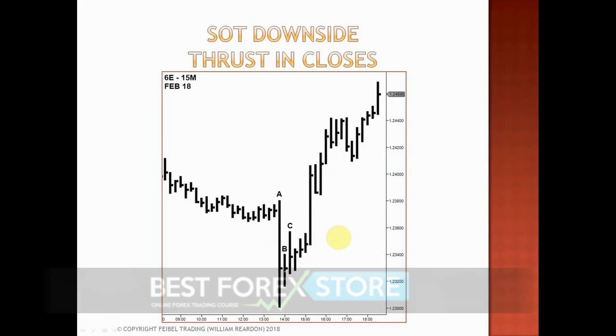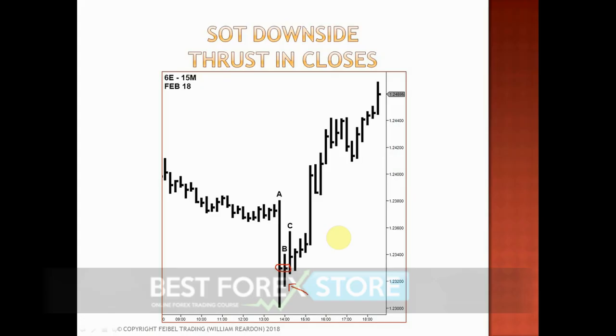And then what happens? Bar B, we dip down, we push up, and then close neutral. However, it's in line with the previous bar. So where's the downside follow through? You know, activity has dropped, and we know that from the spread, and yet we hold the same close.